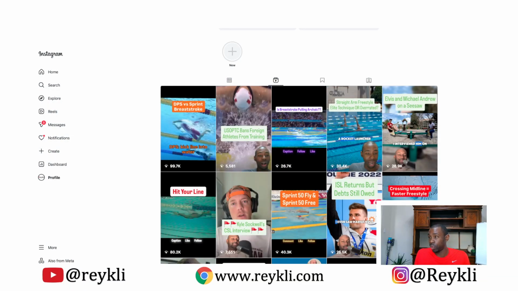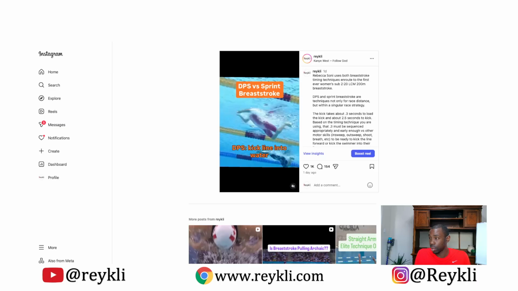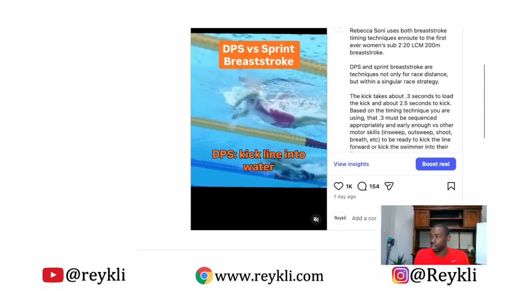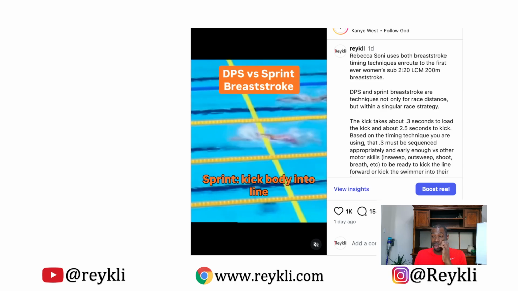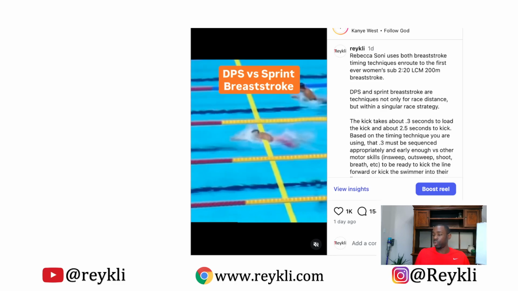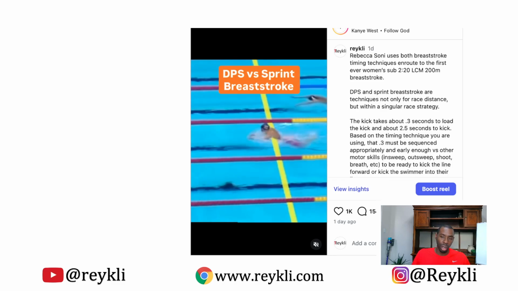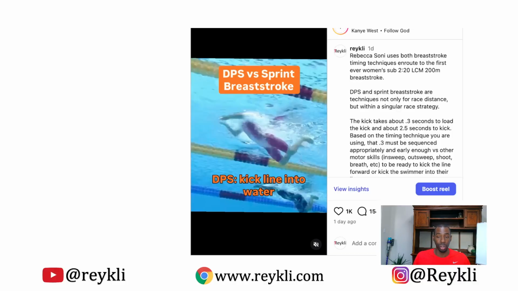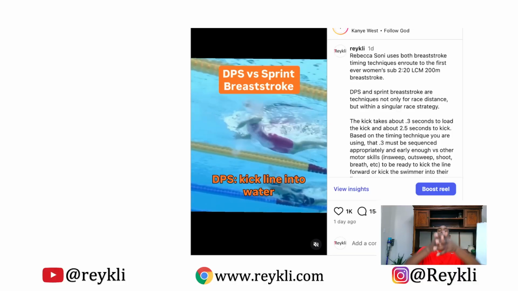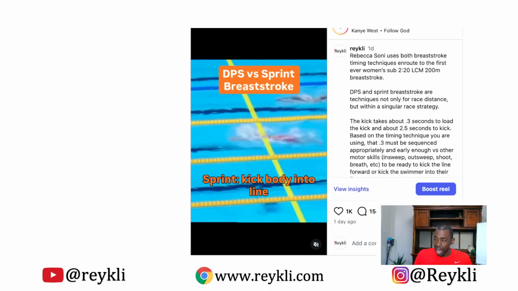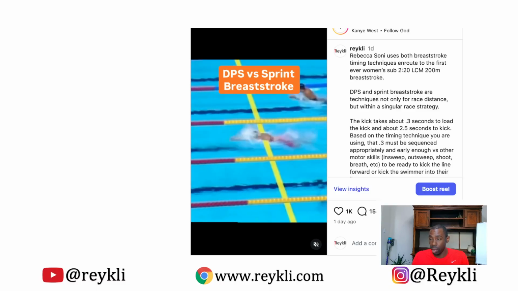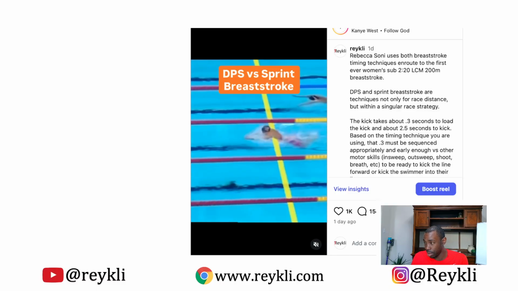So our first post we are going to look at is the DPS timing for sprint breaststroke versus the sprint timing. Now, the difference between these two, distance per stroke I would call more the traditional breaststroke, right? You reach, you kick, and then you glide. Now, when this happens, we're going to take a pause real quick on the DPS timing.